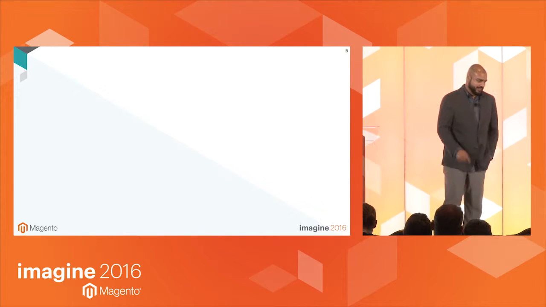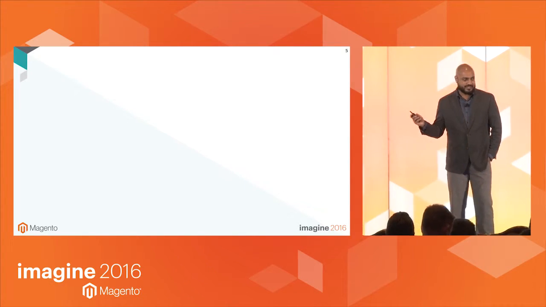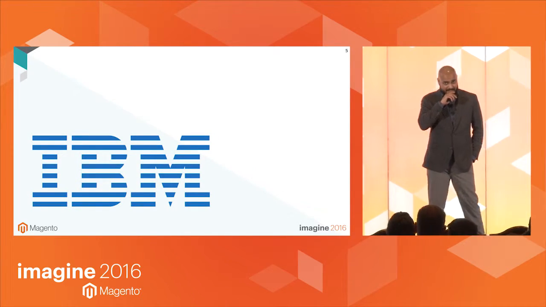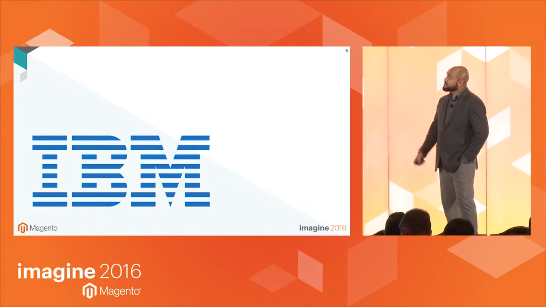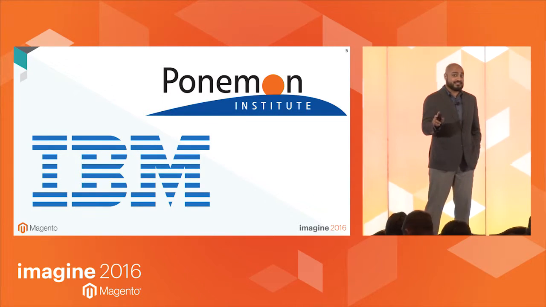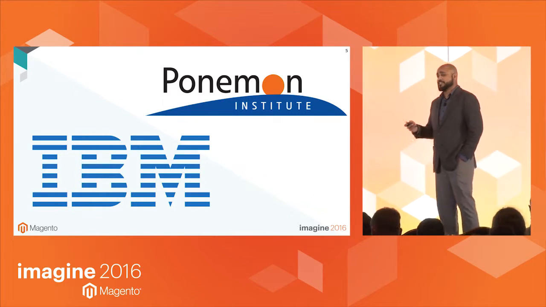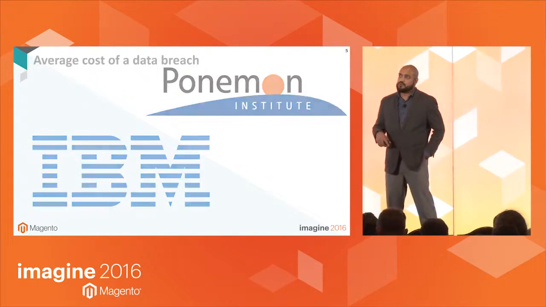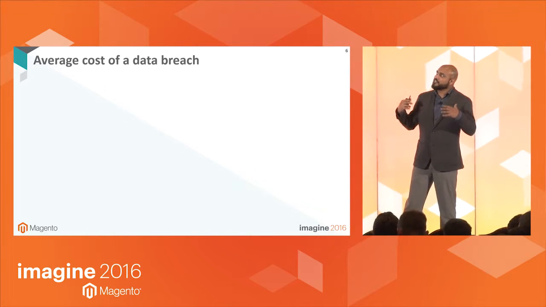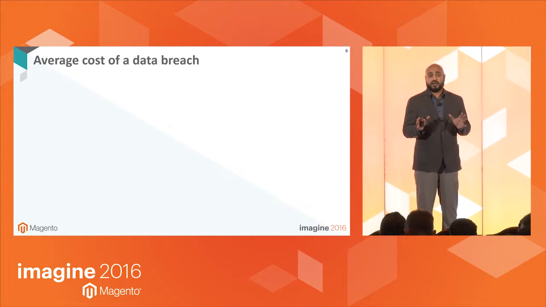Actually, speaking about wasting time, let's talk about a little story. In 2013, IBM gave a lot of money to the Ponemon Institute, and they've been doing this every year since 2013. What the Ponemon Institute has been charged with doing is preparing average costs of data breach for organizations around the world.